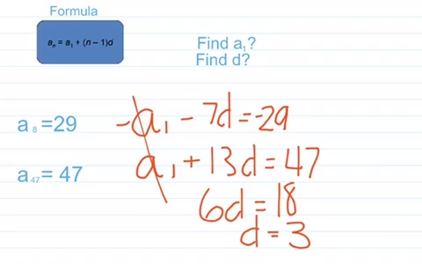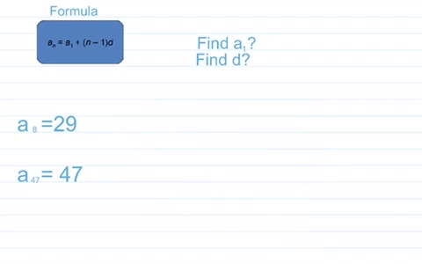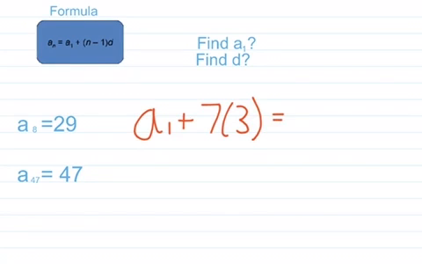Now we're going to go back and plug in 3 into one of our original equations. So the first term plus 7 multiplied by 3 equals 29.